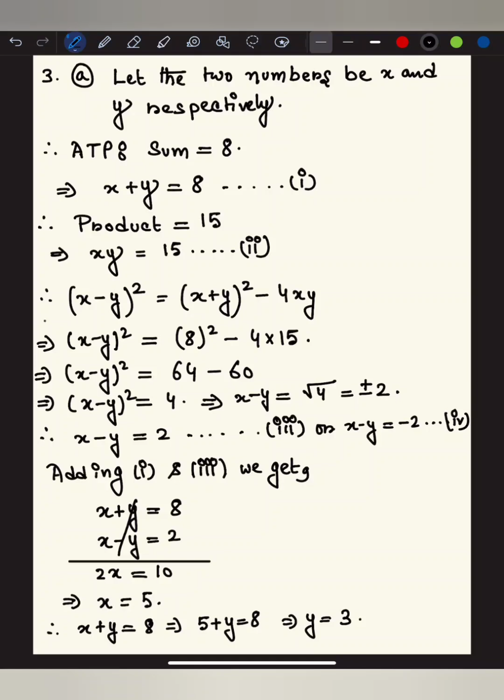So that is why I have taken x minus y whole square. I have written the formula of x minus y whole square in terms of x plus y whole square.